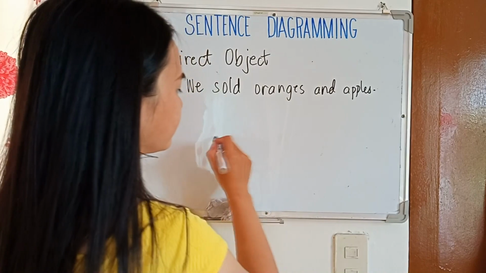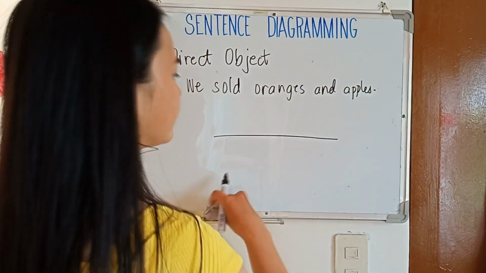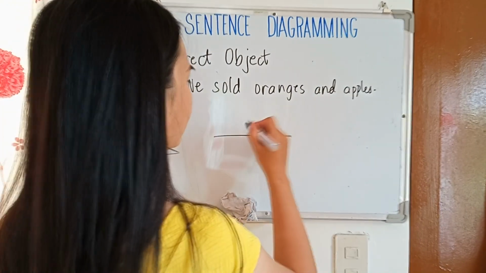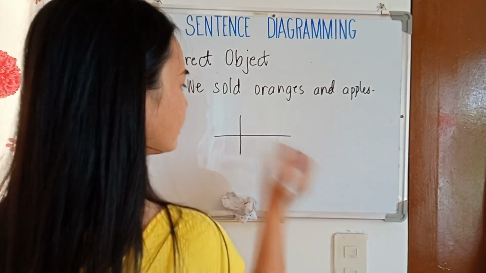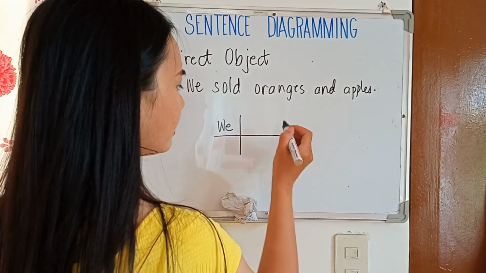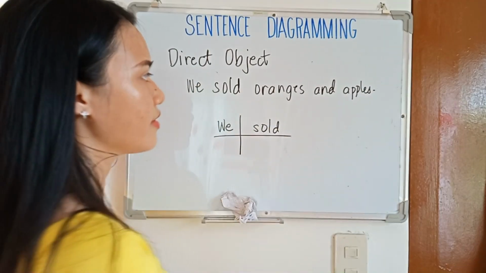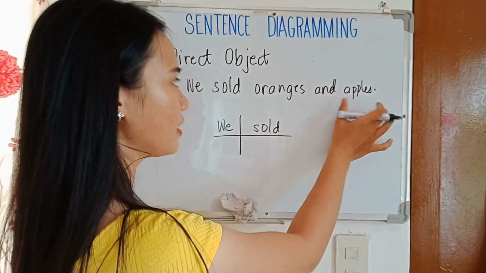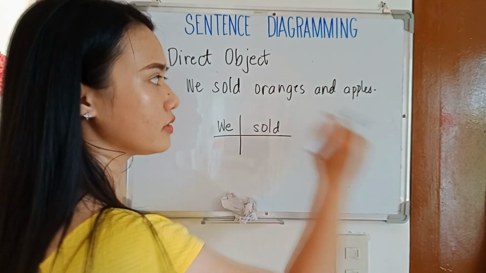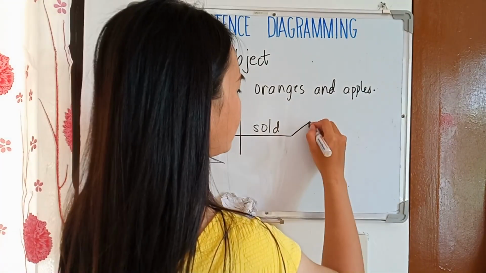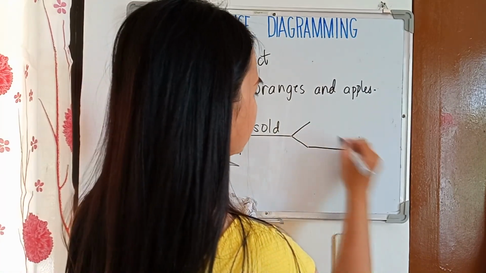Alright. So we have here horizontal line. I think it's kind of long. Okay, let's just estimate. And then vertical line, the subject is here, we, and then the verb is sold. Now the objects here are oranges and apples. We sold what? So these are the recipients of the action. So we're going to divide it into two branches.